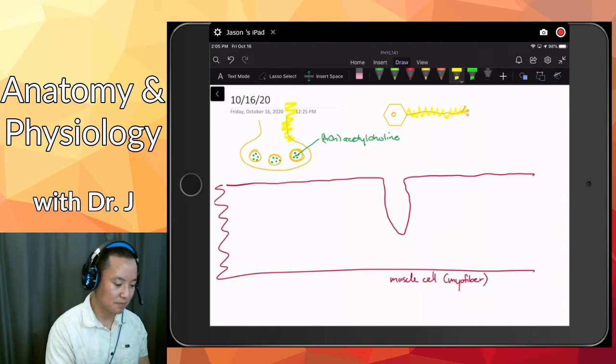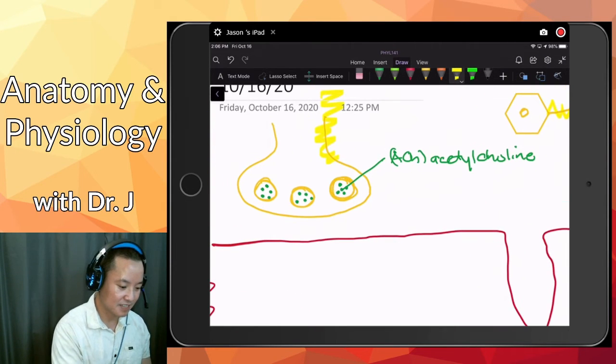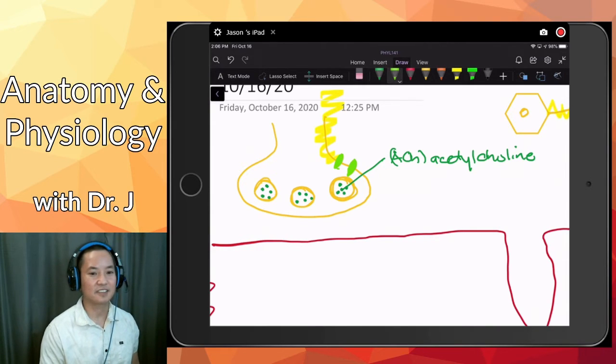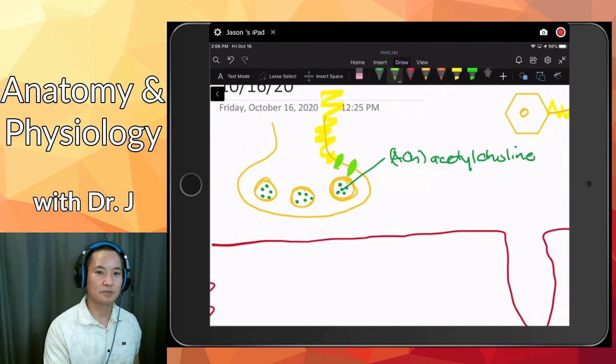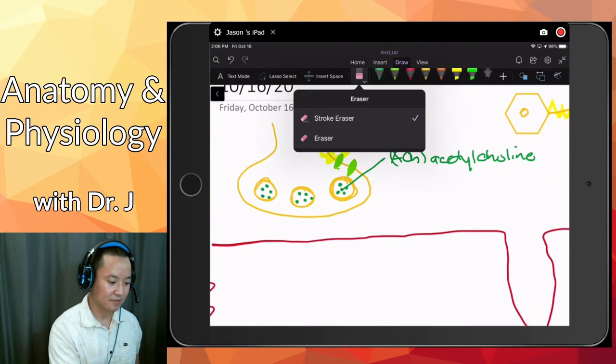These are like electronically activated gates. These ion channels are closed when there are no action potentials, but once action potentials reach the axon terminal, they open these gates over here.